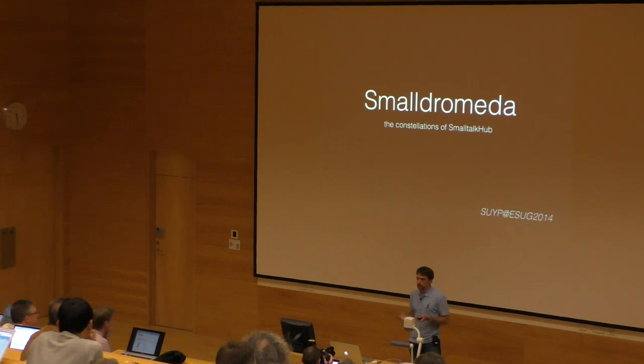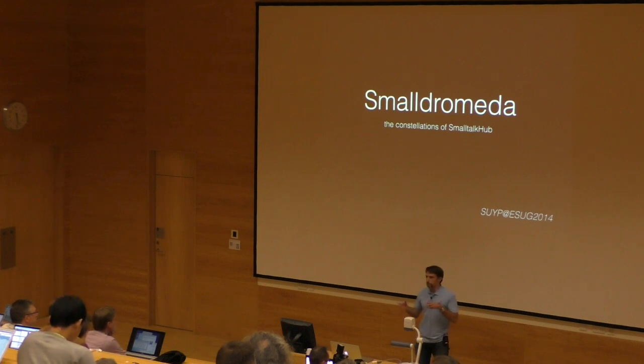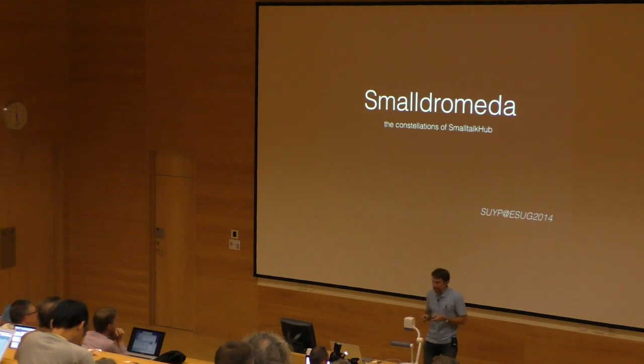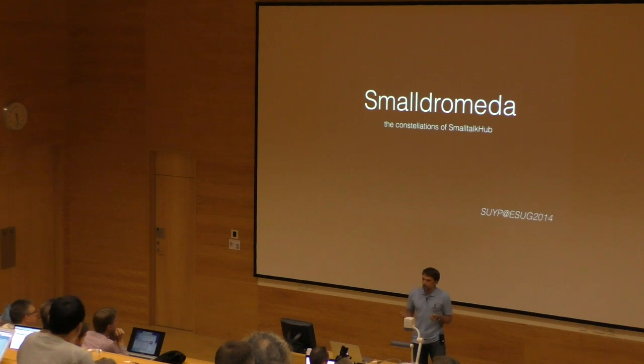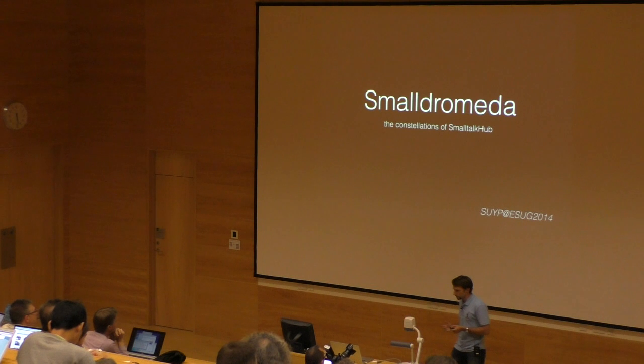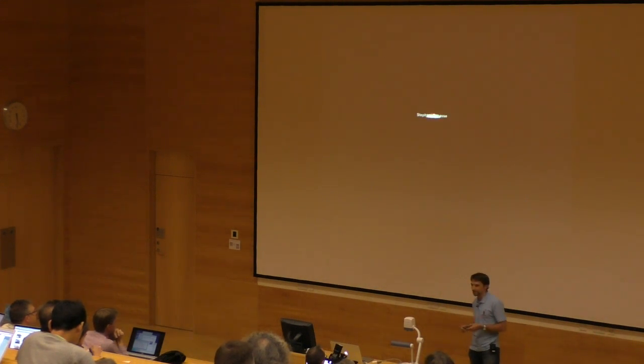The main idea was that I took a Smalltalk hub and I tried to make some connections between developers based on how they co-contribute to projects. And this looked like a galaxy, so I called it Small Dromeda. First of all, there is a cool video of how it's being aligned.